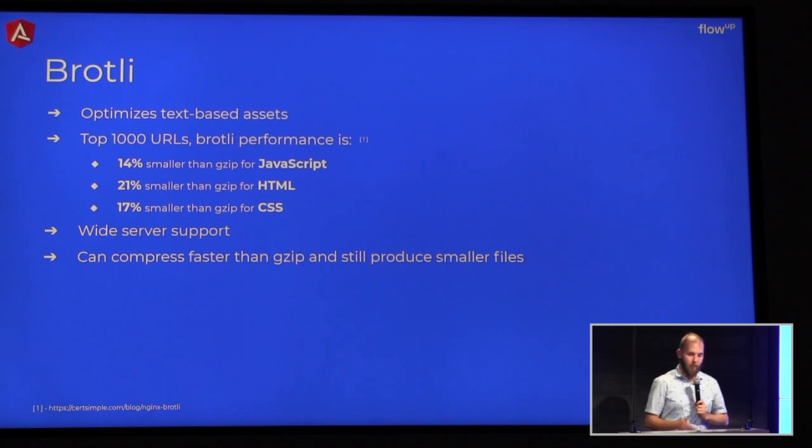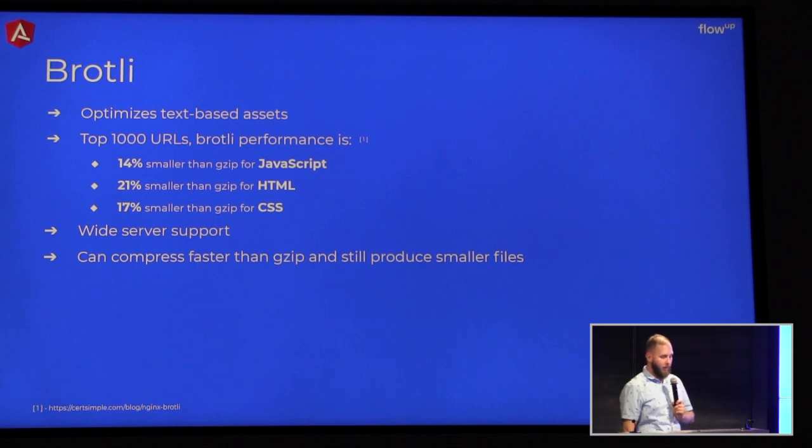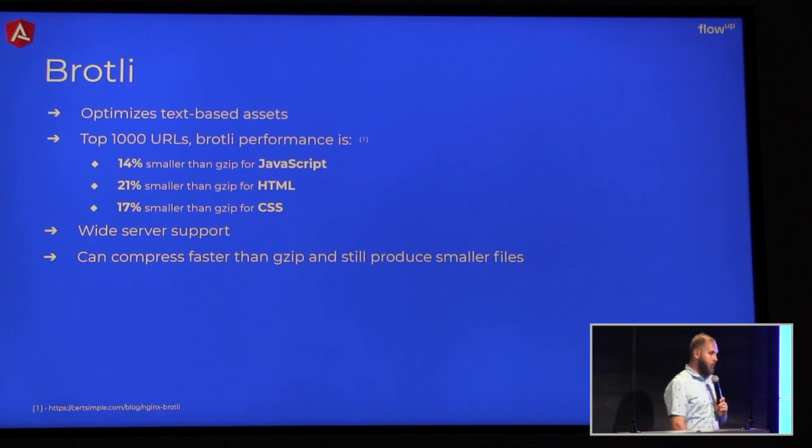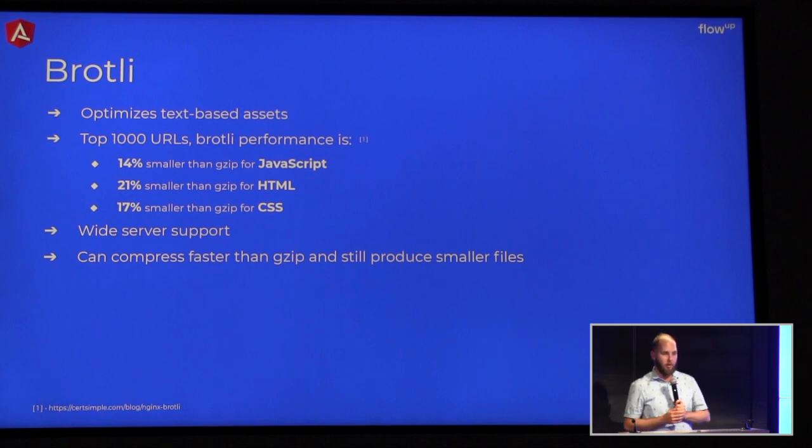And it's backed by statistics, so you can find it on the link. It has wide support. Support is basically in a plugin or it's built into the solution. For example, if you use Firebase, then both gzip and Brotli are supported here. And it's pretty fast. It still can produce smaller files than gzip at the same time.